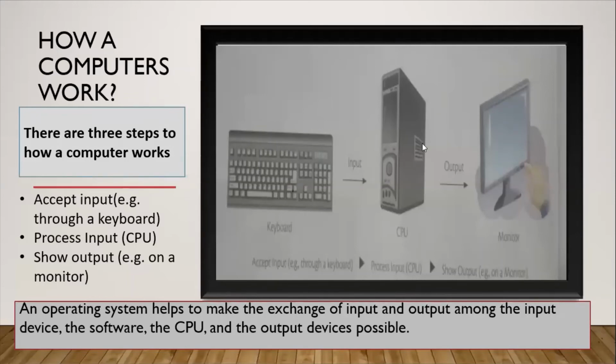So there are 3 steps to how a computer works. First is accept input, for example through a keyboard, and then process input. Processing takes place in the CPU, and then show output on a monitor screen. At the end, output will be displayed on the monitor screen.